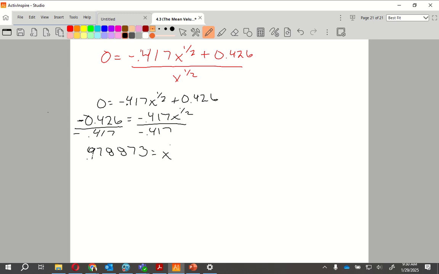Equals x to the 1/2. And how do I undo that? Square both sides, right? So square both sides.